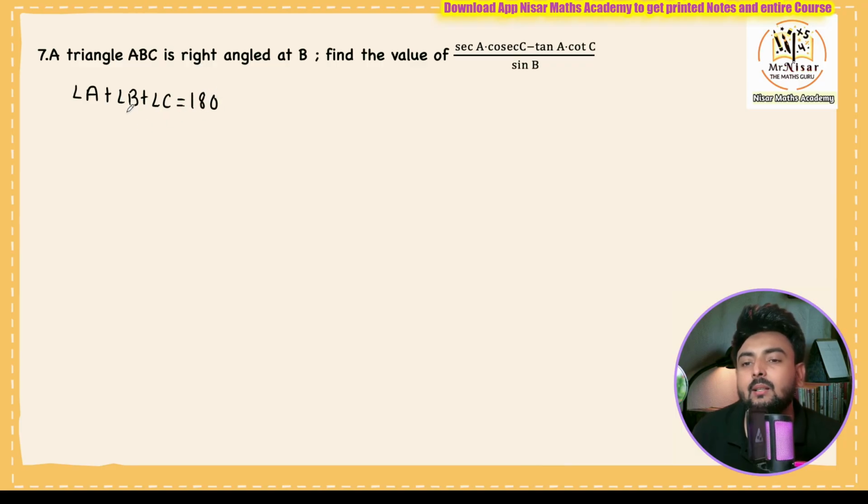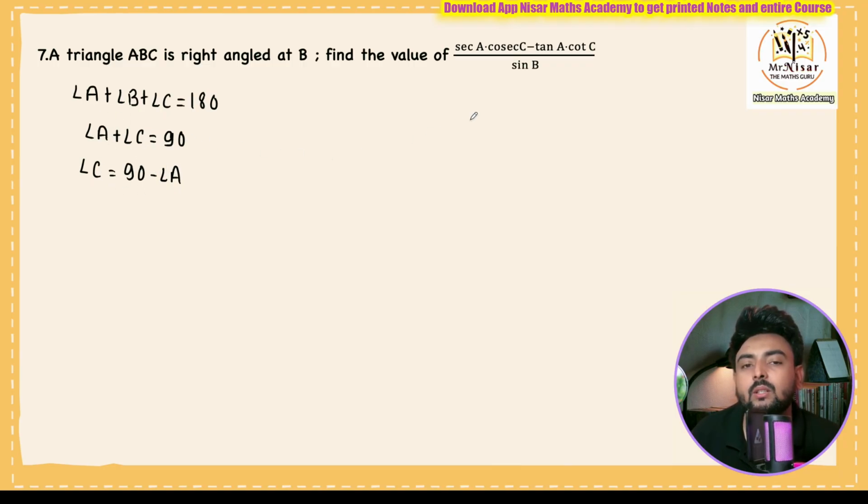Now here angle B is given to you as 90 degrees. So angle A plus C will be what? 180 minus 90, it will be 90 degrees. Correct? Angle B value is 90, so plus 90 will go to this side, it becomes minus 90. So when I need to find the value of angle C, angle C is 90 minus angle A. And if I need angle A, it will be 90 minus angle C.